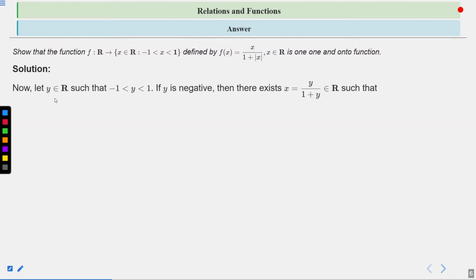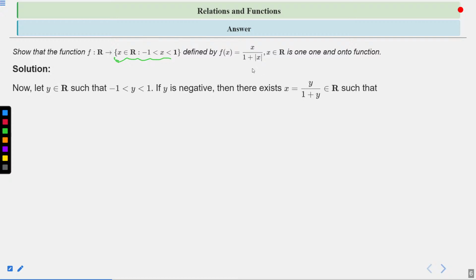Now let y belong to real, like, we will see whether codomain is equal to range or not, right? So let us assume first codomain is equal to range, right? So for y belongs to real such that y is from -1 to 1. If y is negative, then there exists x, which is x equal to y upon 1 plus y.